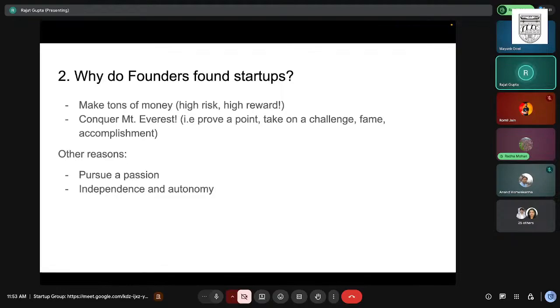So let me pause there. I'm not going to take names, but I've come across multiple people in our group who have reasons other than the first two to do a startup. And my advice would be, don't cheat yourselves. If there's any other reason, please don't waste your time.